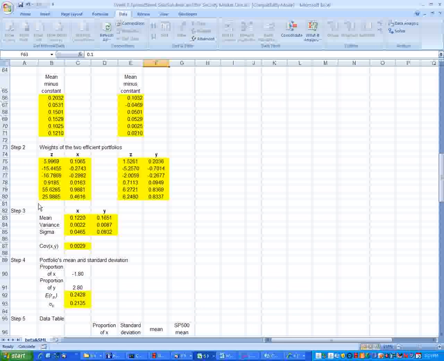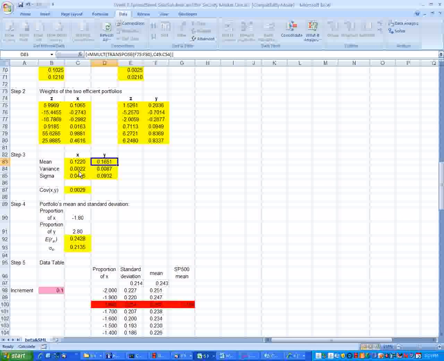And in Step 3, we have a 2-asset portfolio, which is the combination of portfolio X and portfolio Y. And we have the calculations of the variance, the standard deviation, and the covariance, just like last week.